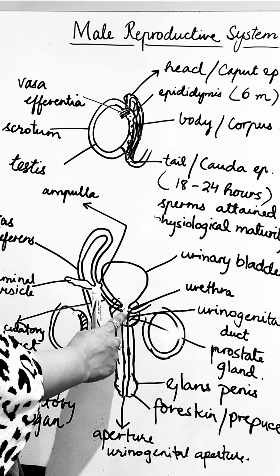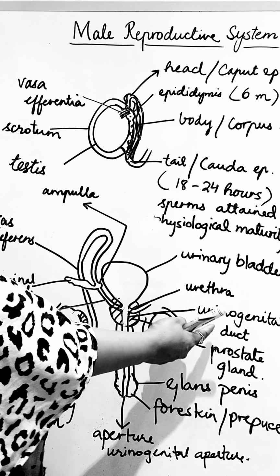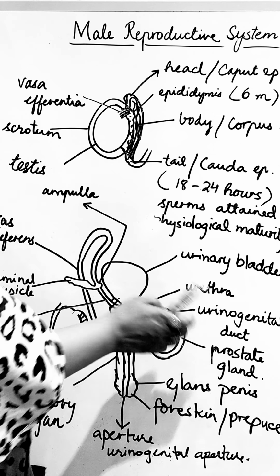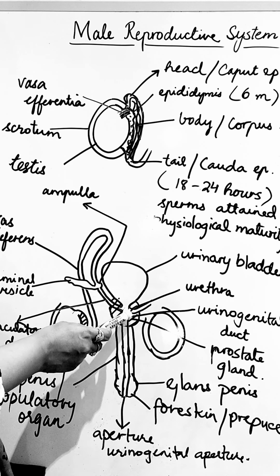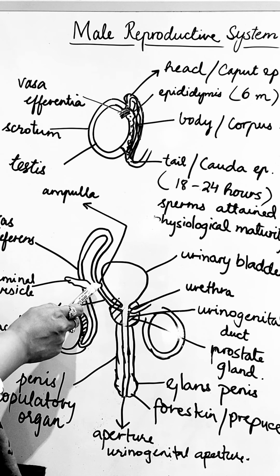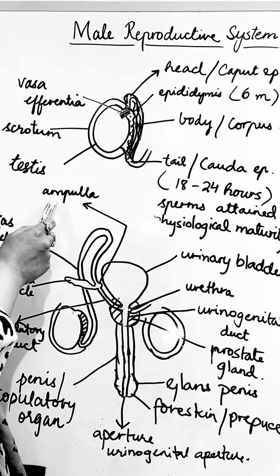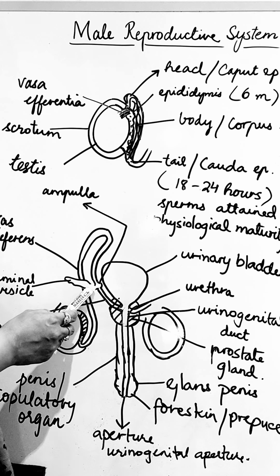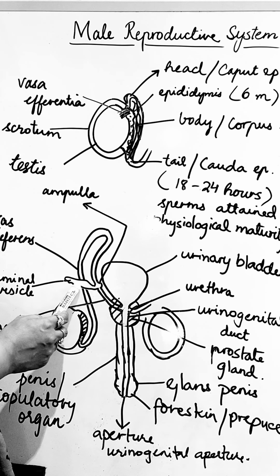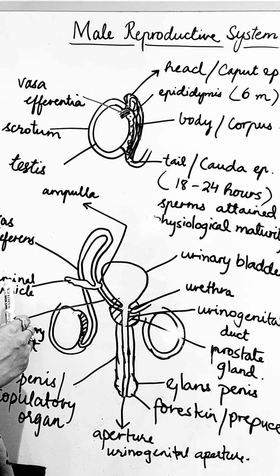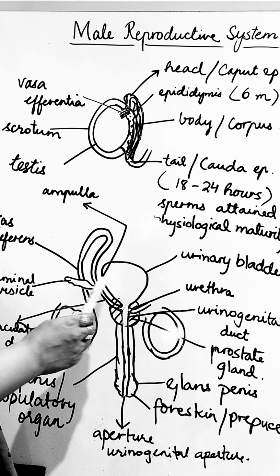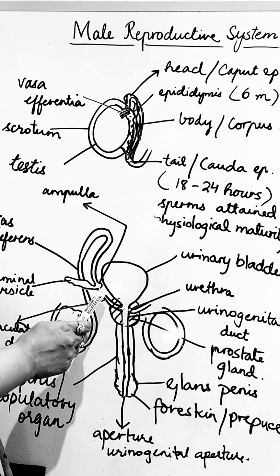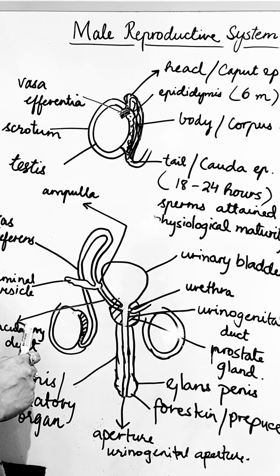This common passage is called the urinogenital duct. Before joining the urethra, there is a swelling-like structure called the ampulla, and this ampulla opens into a tubular gland called the seminal vesicle. These are present in pairs, and after this the duct is called the ejaculatory duct.